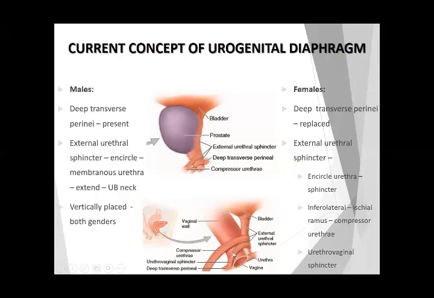And then there are another set of fibers that encircle the urethra and the vagina together. ये इसको urethro-vaginal sphincter कहते हैं. Males में भी compressor urethrae है. It encircles the urethra and gets attached to the ramus of the ischium. Okay? And this is the external urethral sphincter. यहाँ पे ये urethral vaginal sphincter कहलाएगा.